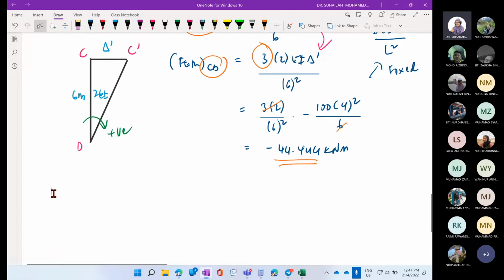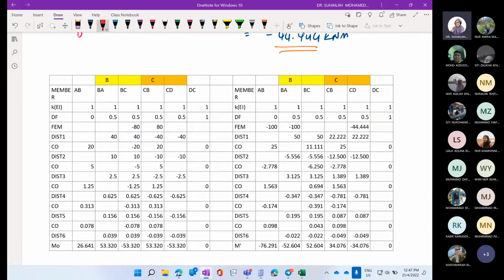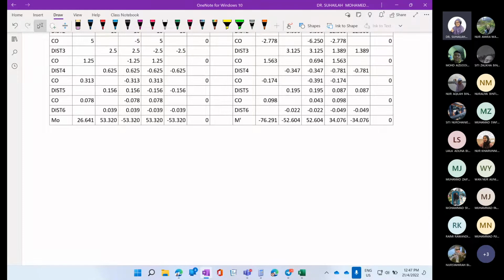I put the table here. This will be table number 1, and this will be table number 2. For table number 1, we will analyze the R value and R prime.